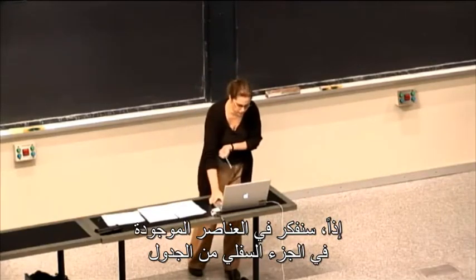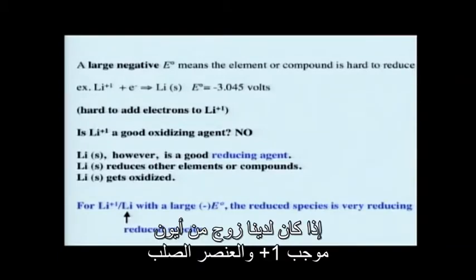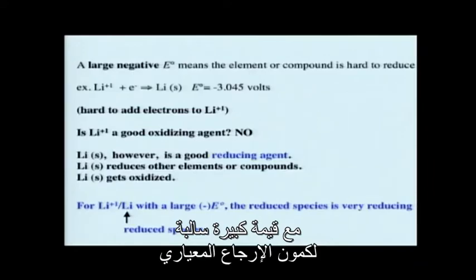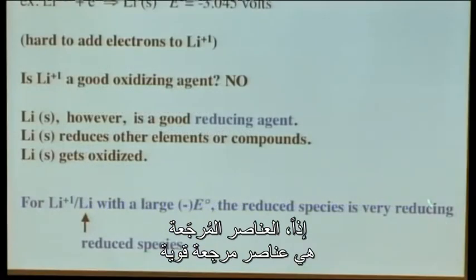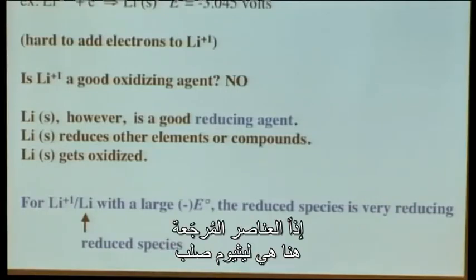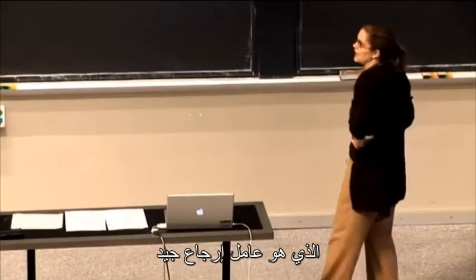So if we think about what's true at the bottom of the table, if we have lithium plus 1 to the solid, with a large negative standard reduction potential, the reduced species is very reducing. So the reduced species here is the lithium solid. It is a good reducing agent.